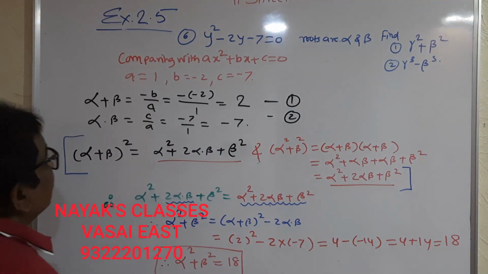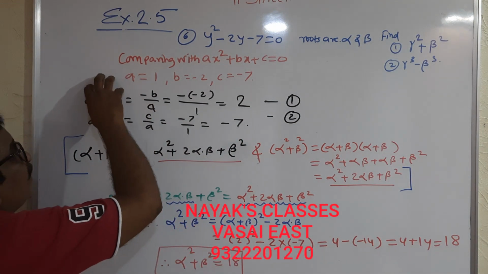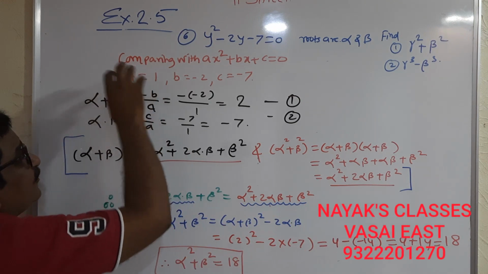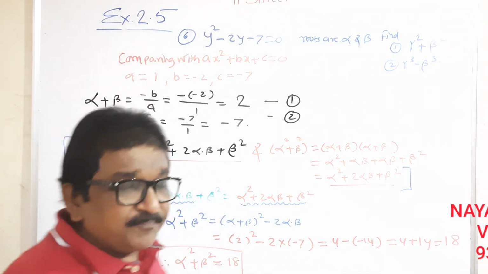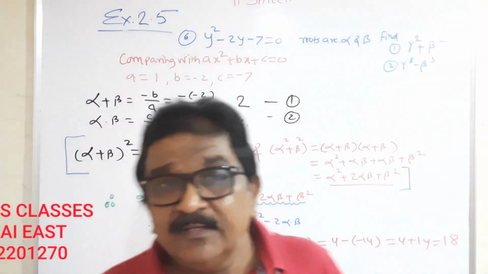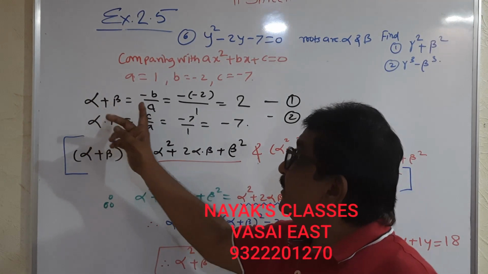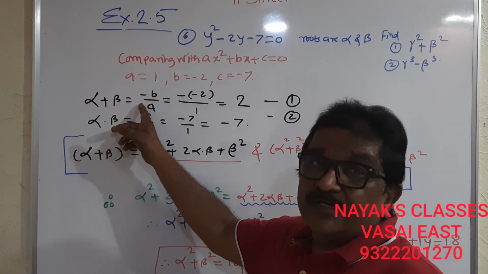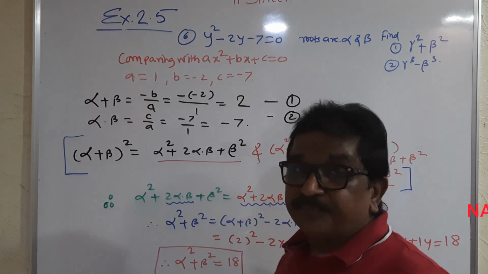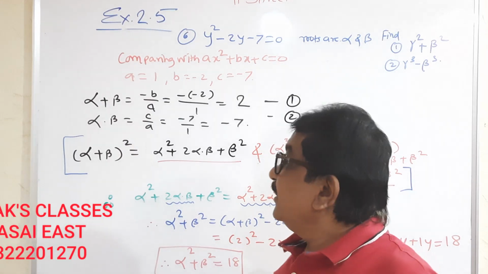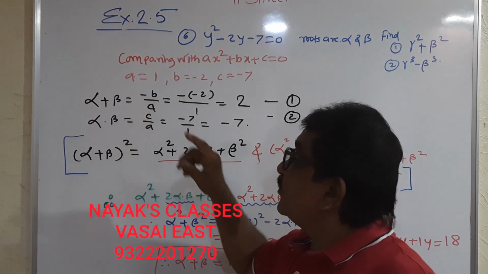After that, using the relation between roots and coefficients, alpha plus beta is nothing but minus b upon a.